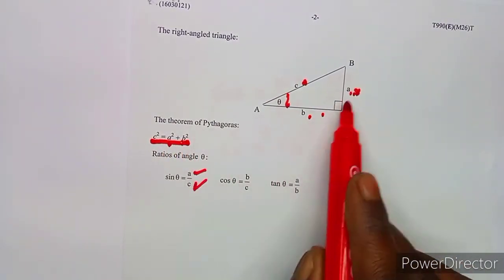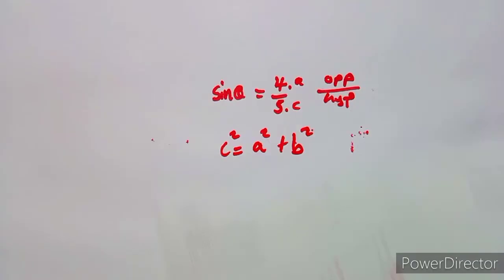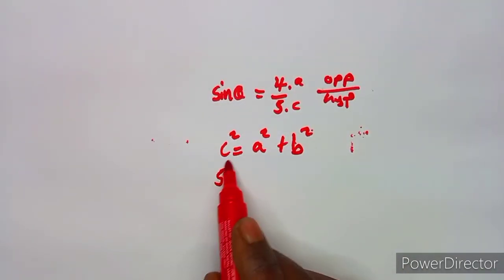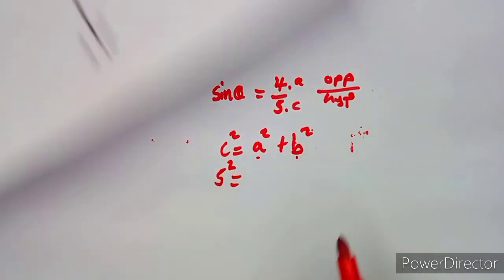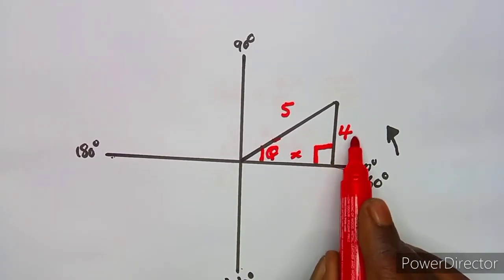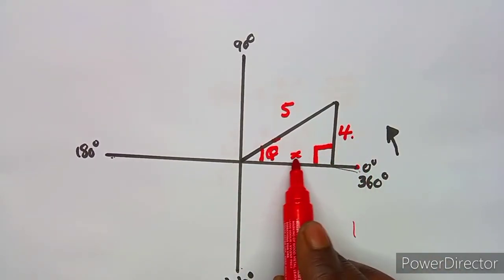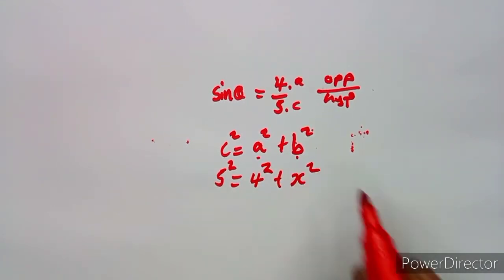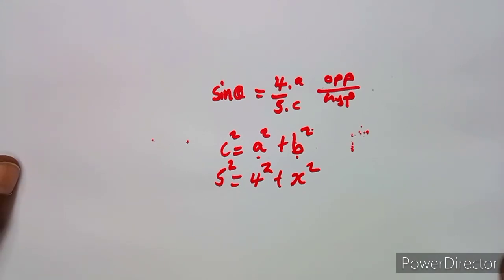That's A, B, the shorter sides A and B. All right. So in this case, this is our C, which is 5 squared. So we shall have 5 squared is equal to A and B, which are the shorter sides. So the shorter sides, we've got 4 and x. So it's going to be 4 squared plus x squared. Since we want to find x, we are going to solve for x.